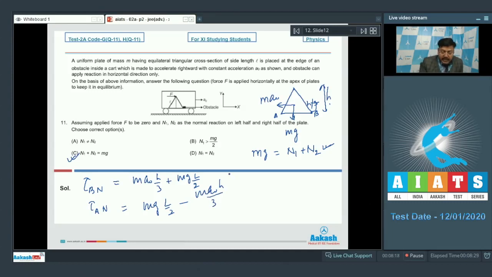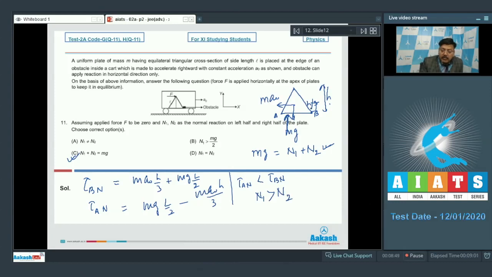Now it's very clear that torque of normal reaction about A is less than torque of normal reaction about B, which means that the effective line of action of normal reaction is somewhere on this side, left of center, and that will happen only if N1 is greater than N2.